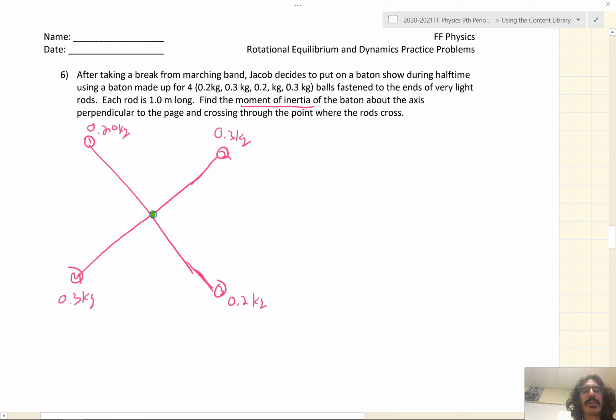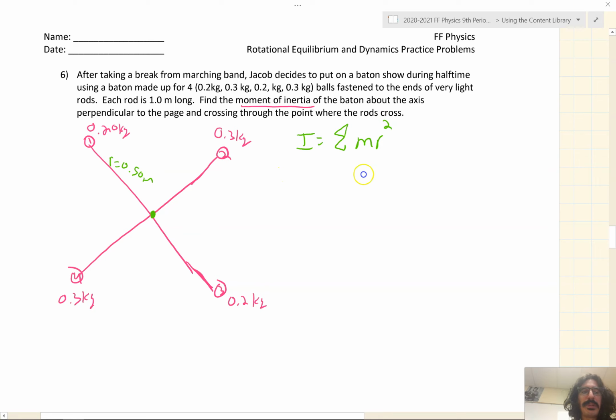If we look at the point of rotation, the distance away from the point of rotation for each ball will be 0.5 meters. And we want to find the moment of inertia. The moment of inertia is going to be the sum of all the individual ones, and the formula for this one is mr squared.